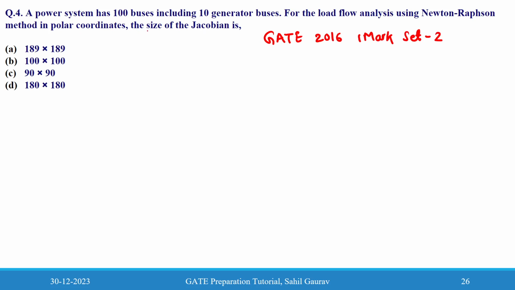A power system has 100 buses, including 10 generator buses. For the load flow analysis using Newton-Raphson method in polar coordinates, the size of Jacobian is? So we know that. Here what are the things given? Number of buses is 100.